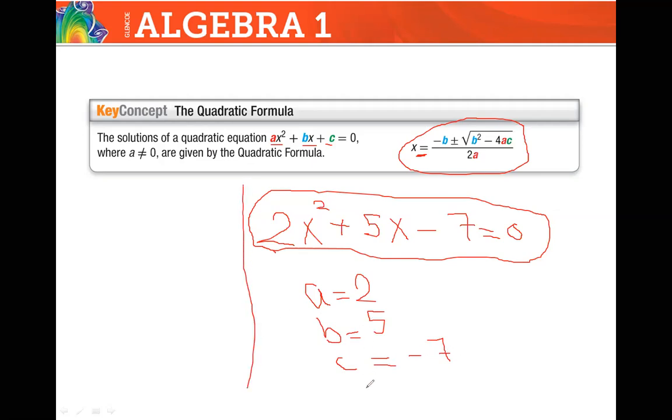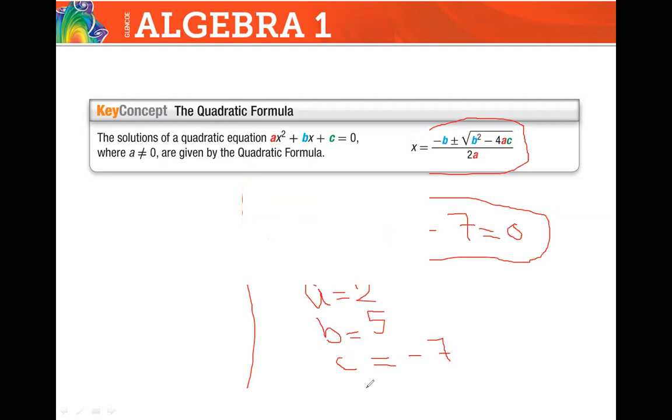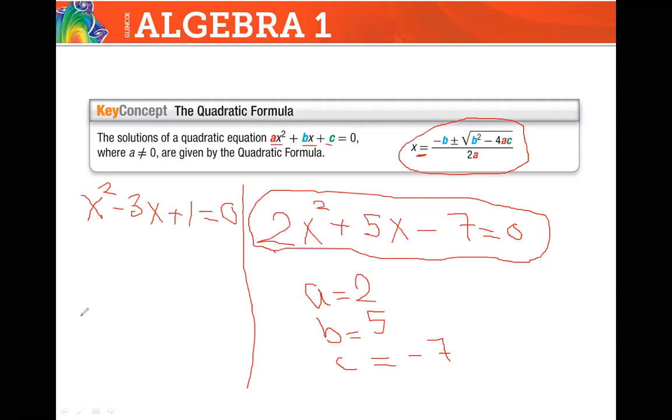Another problem. Husam, if I write x squared minus 3x plus 1 equals 0, what does a equal? A is the coefficient of x squared, it means the number before x squared.